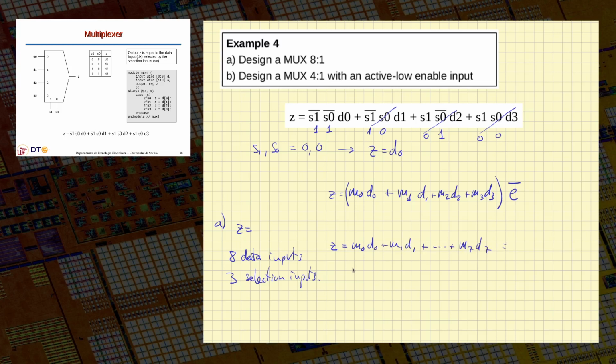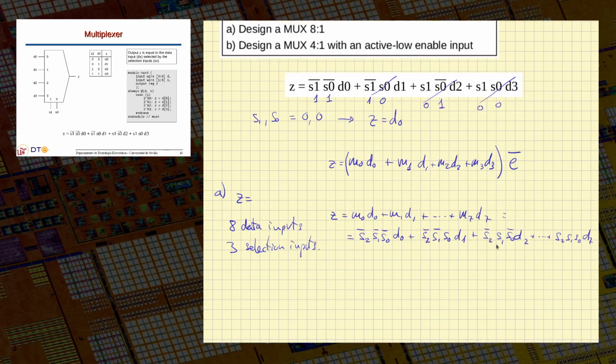It will be an expression like s2, s1, s0 all complemented times d0, plus s2 complemented, s1 complemented, s0 times d1, plus s2 complemented, s1, s0 complemented times d2, and so on, up to s2, s1, s0 times d7. Okay, and from here we can draw the circuit right away.